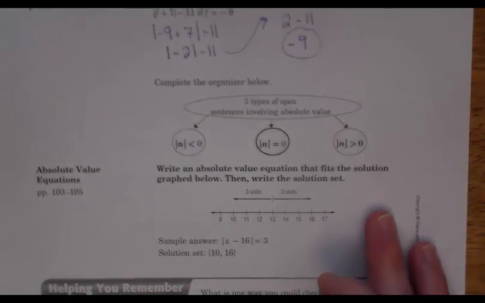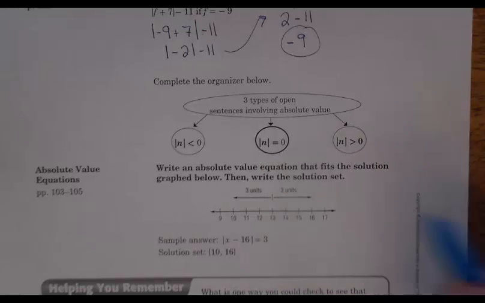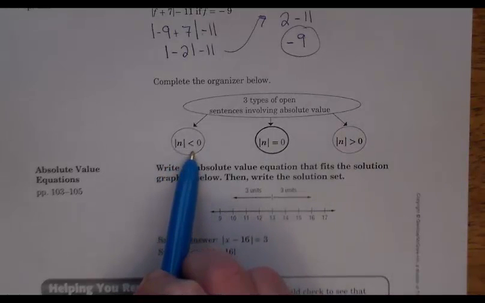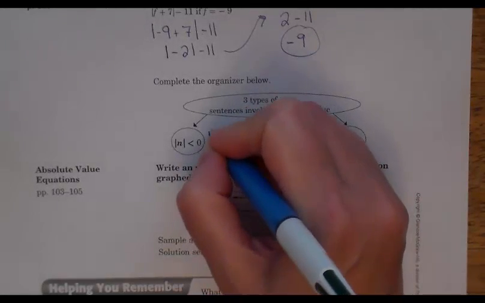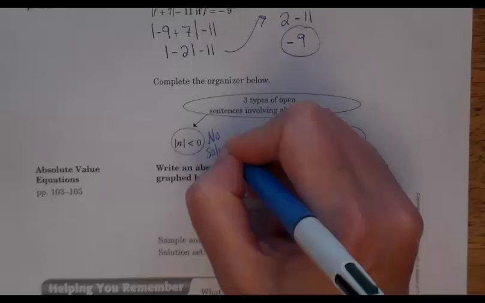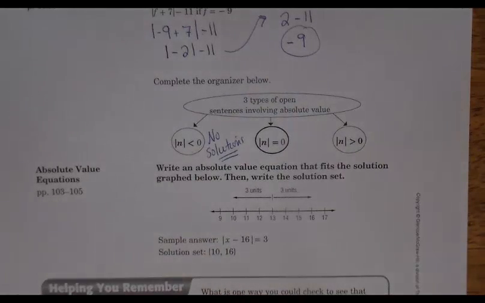Okay, we have 3 types of open sentences involving absolute value. An absolute value of n is less than 0. Okay, there are no solutions here. Absolute value is always positive, so it cannot be less than 0.